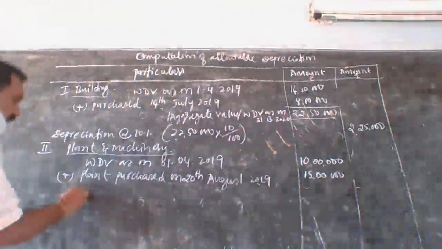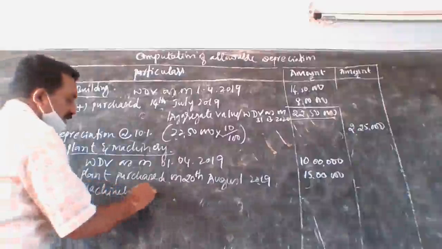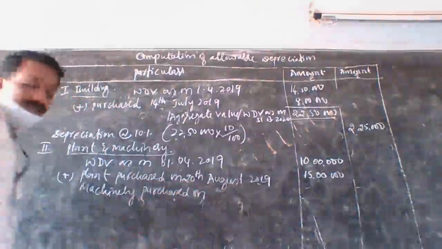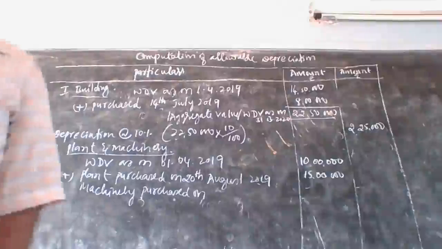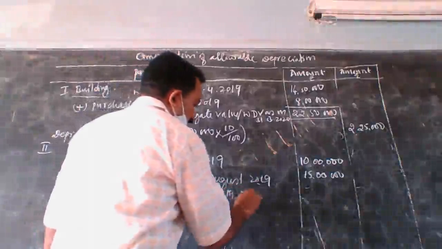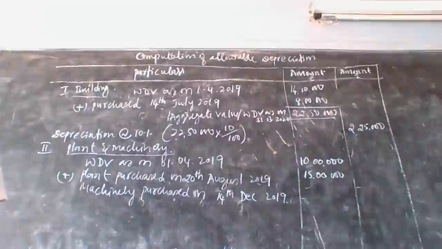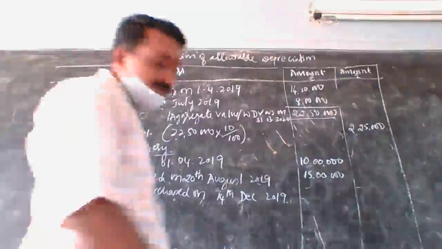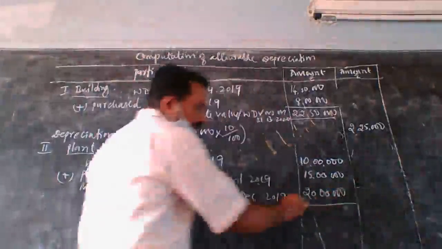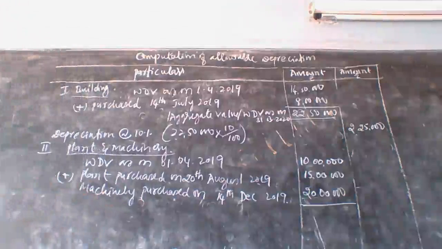Next, machinery purchased on 14th December 2019 for rupees 20 lakh. So what is the aggregate value of assets?